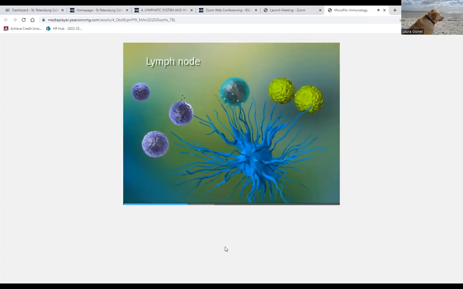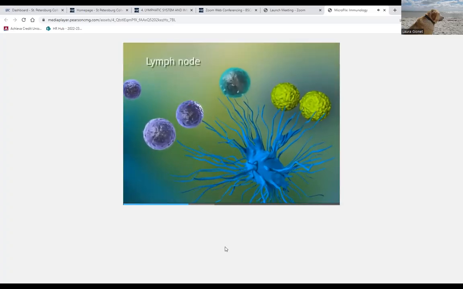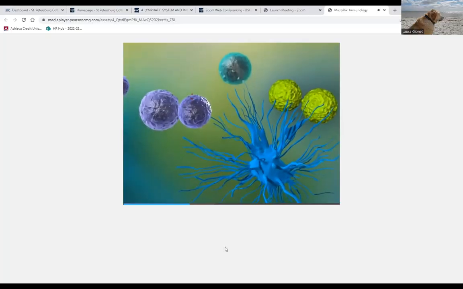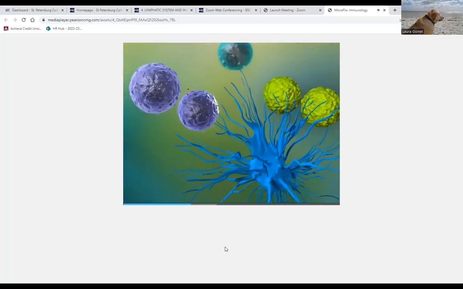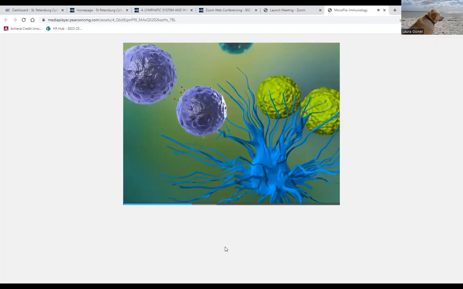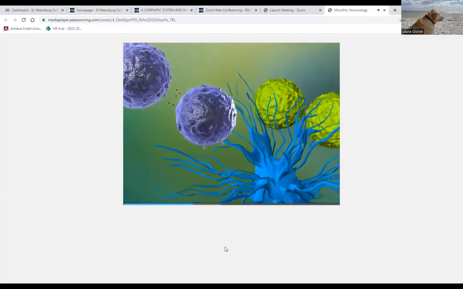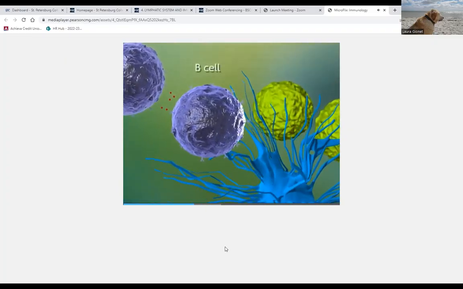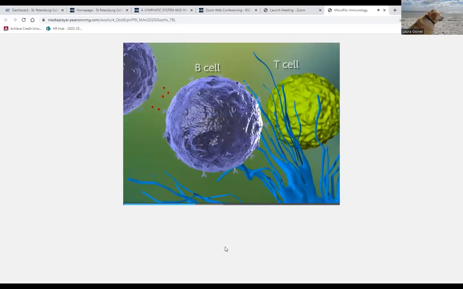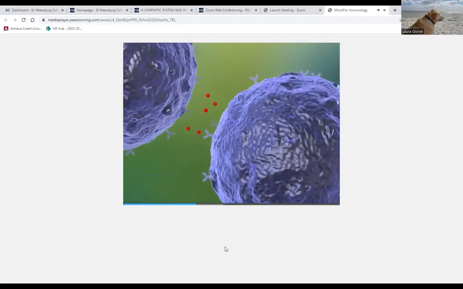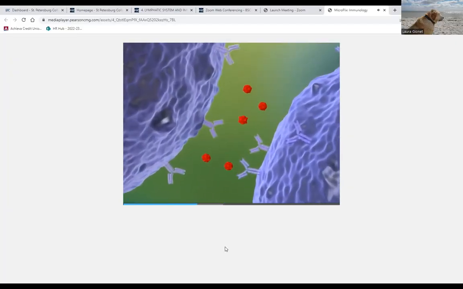Adaptive defenses help to control the current infection, but also provide immunity against future infections by the same rhinovirus. They are carried out by two types of lymphocytes, B cells and T cells. Immature B cells conduct surveillance in the lymph nodes.